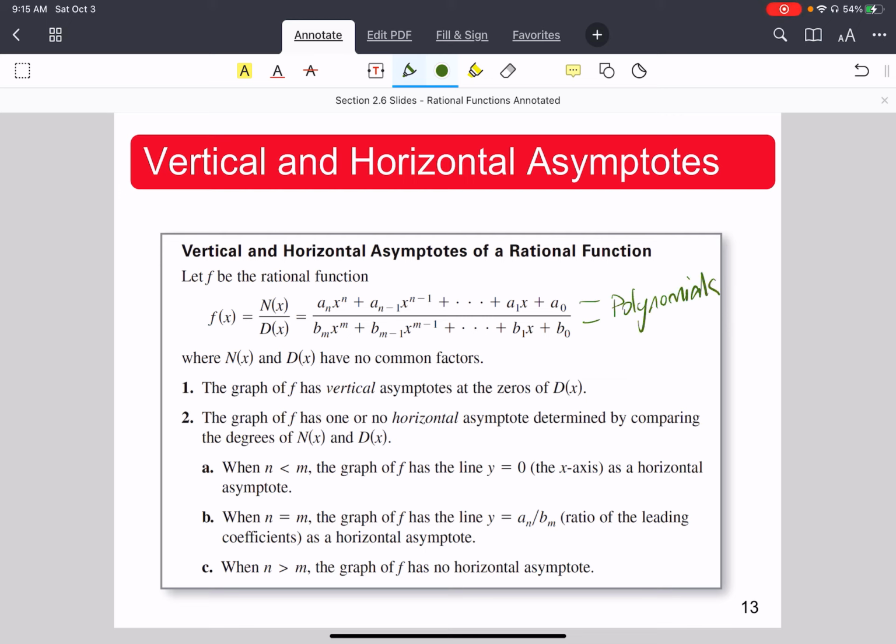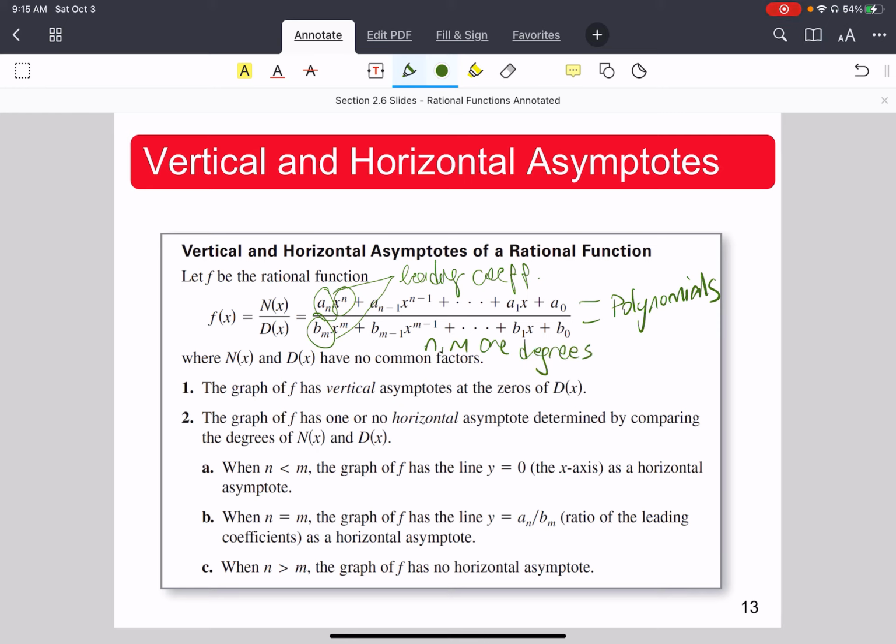The polynomial at the top has a sub n times x to the n, where a sub n is the leading coefficient, and b sub m is the leading coefficient for the other polynomial. And n and m are the degrees of these polynomials.